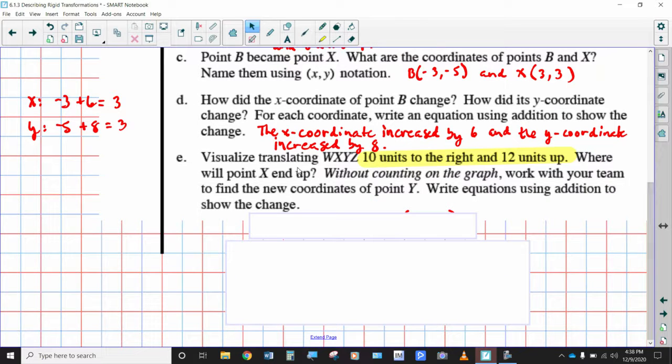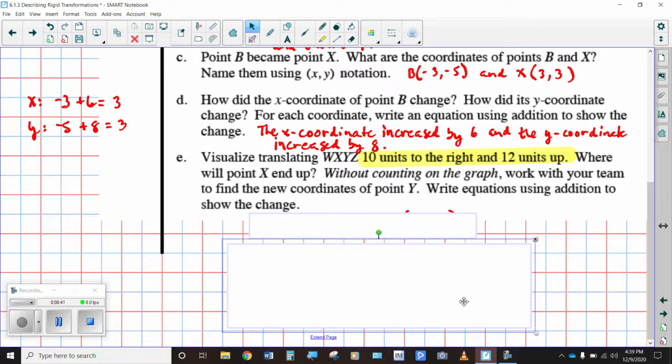So where will point X, which is currently at 3, 3, end up after moving this 10 units to the right and 12 units up? Go ahead and see if you can figure out what the answer is going to be, and then I'll give the reveal for how we would show the coordinate notation. Okay, I'll pause for a little bit, and you do a little bit of calculating in your head to see if you can figure out where they would end up.